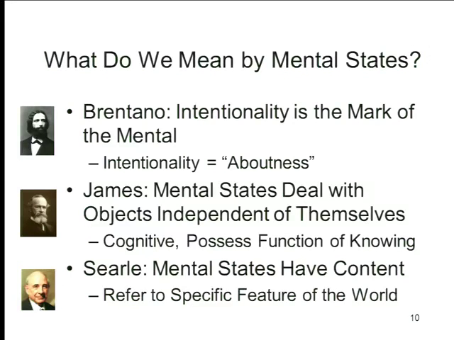That is to say, every mental state is about something other than itself. I've got a mental state right now that's about that table and chair. I've got a mental state right now that's about that Wi-Fi connector, and so on. So that's what we mean by intentionality. James made the same point in his five characters of consciousness when he pointed out that mental states deal with objects independent of themselves, that they're cognitive, that the whole point of a mental state is that we have some knowledge about something in the world.